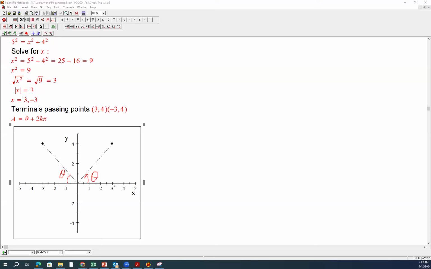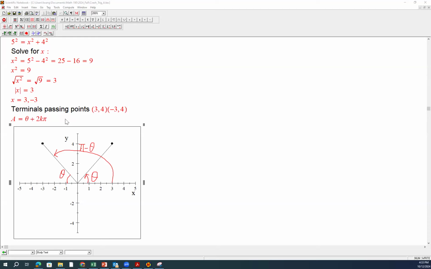But the angles I want need to be measured from a particular position here. So this angle is really what I wanted, and this angle is going to be pi minus theta. There are many different ways to represent it, so I'm just using pi minus theta, one of the simpler forms.